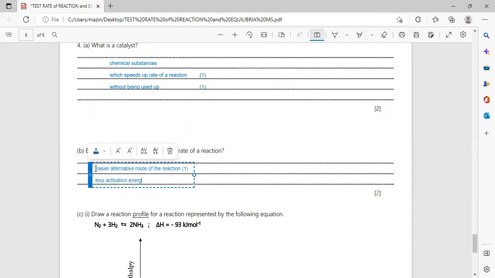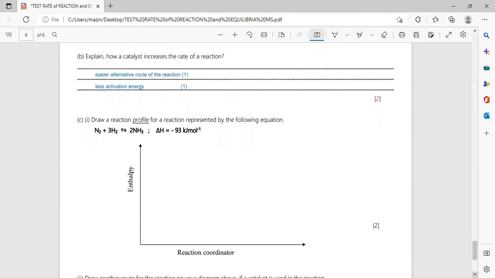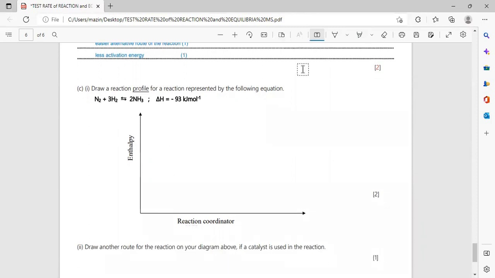Some of the students have written here that activation energy decreases. This is not true. Don't write activation energy decreases. You can write activation energy less, but not decreases, because this is totally a different route. If the same route were there with less energy, then you could have said that decreases, but that's not the case. Okay, now draw a profile.